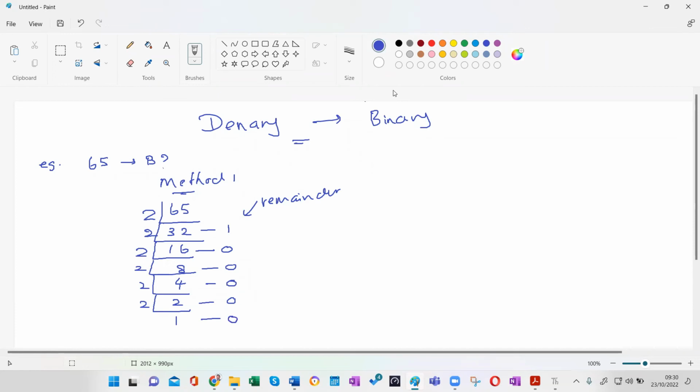Many students forget to put the remainder for the last division right here. This is important, right? So 2 into 1 is 2, the remainder is 0, and now you can see it's not further divisible by 2. Now we have got some ones and zeros. How do you write the answer?